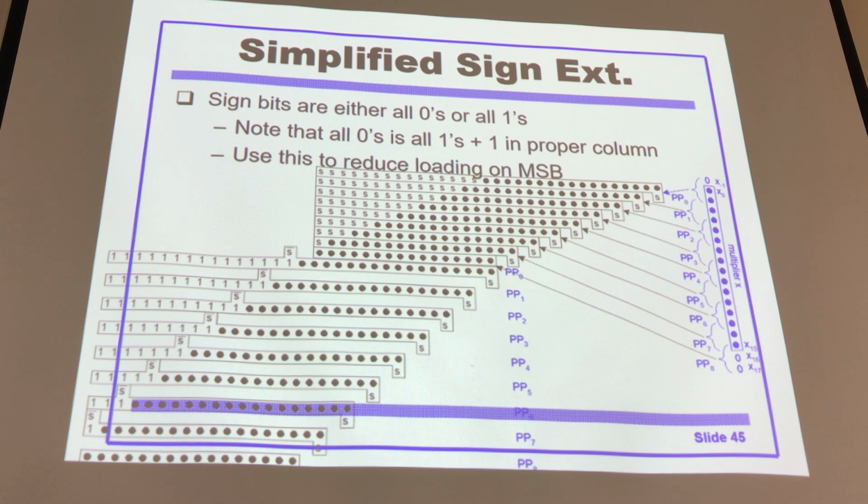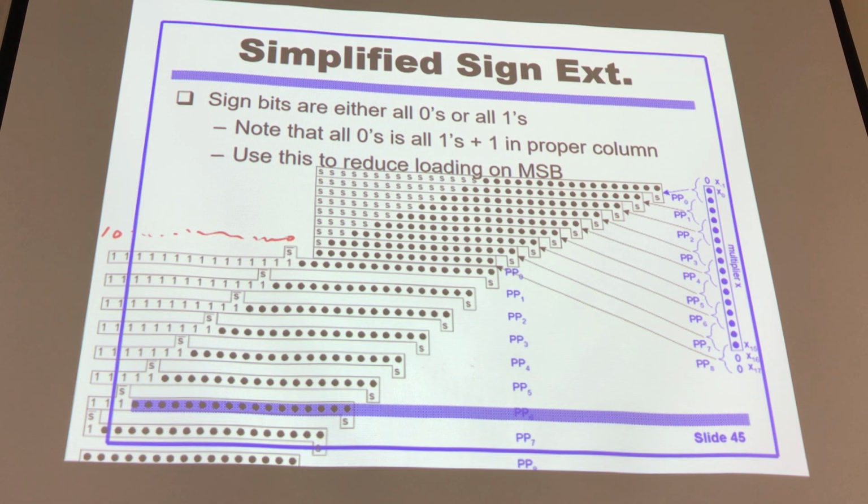How about s is 0? Then it's all 0. If s is 0, s bar is 1. 1 added to 1, 1, 1, 1, you get the overflow 1 and then all 0. That 1 is gone, because there's no circuit to accommodate it. You get all 0s.